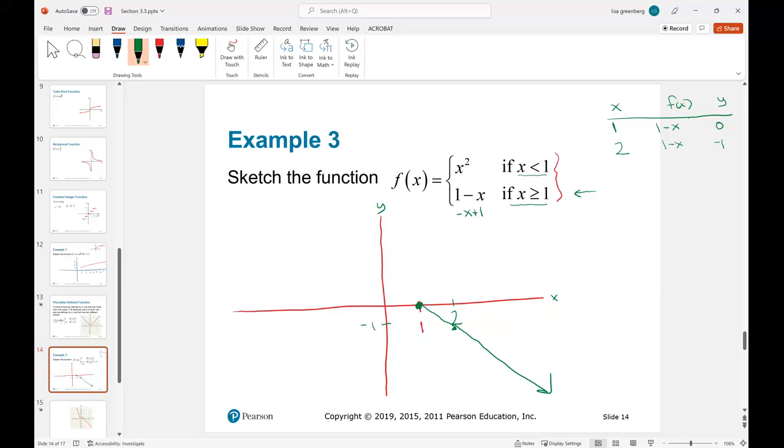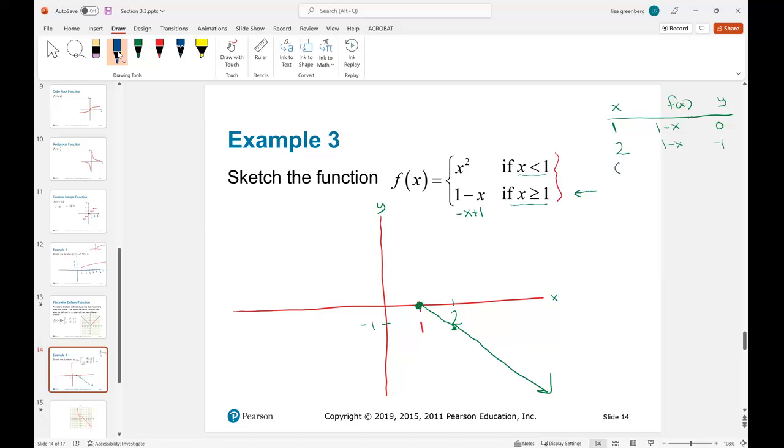Okay? And that's really the basics of anything where x is greater than or equal to 1. It's going to always go to this bottom part of the function because that's where x is defined. But what if I say x is less than 1?